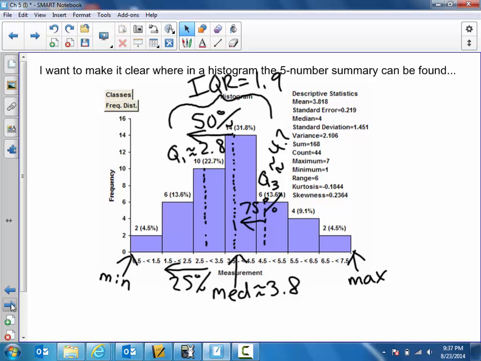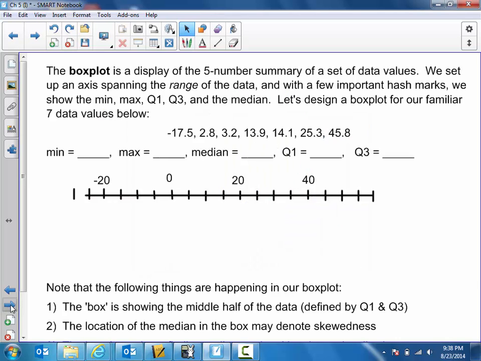So that is 4.7 minus 2.8. And you can kind of see based upon those vertical cuts that I made on the left and on the right of the median, we have seemed to split the distribution up so that the interquartile range is showing us the span of where the central 50% of the data lies.